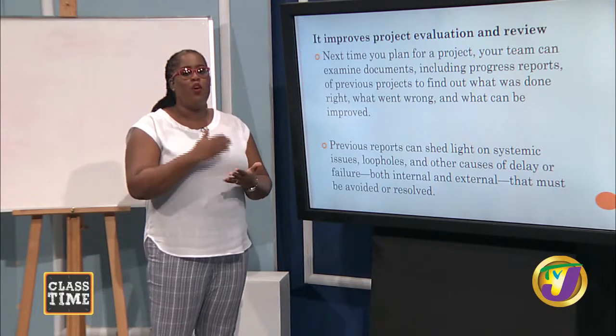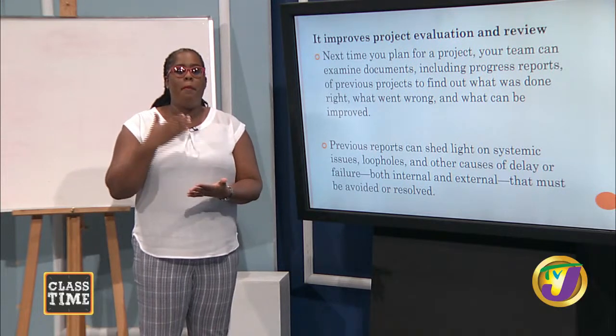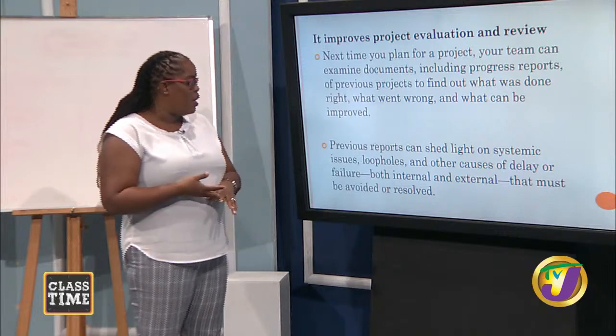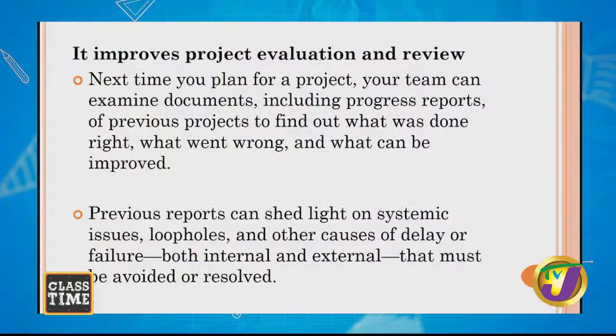Right. So it is you keeping abreast of everything, keeping a track of everything, all right? Previous reports can shed light on systemic issues, loopholes, and other causes of delay or failure, both internal and external, that must be avoided or resolved.